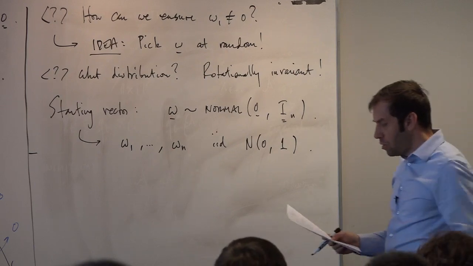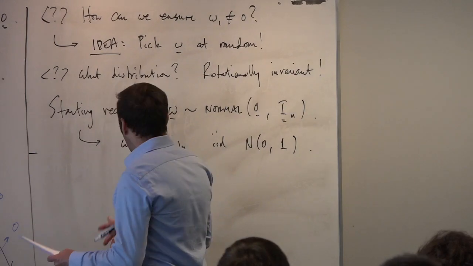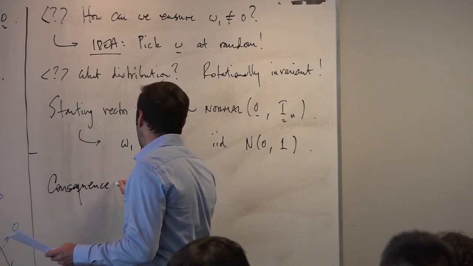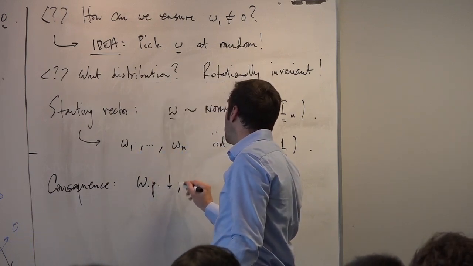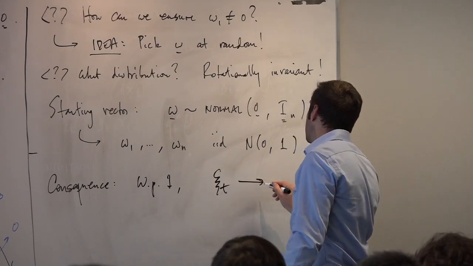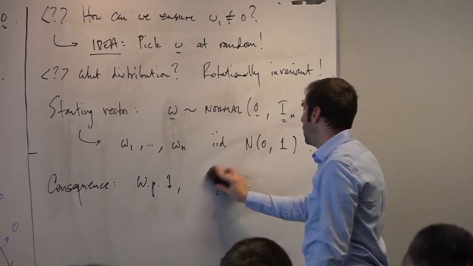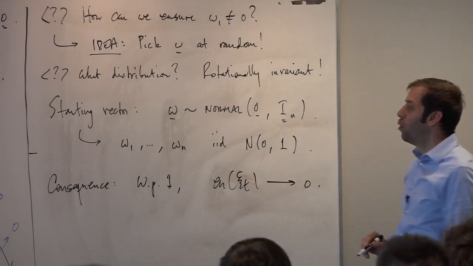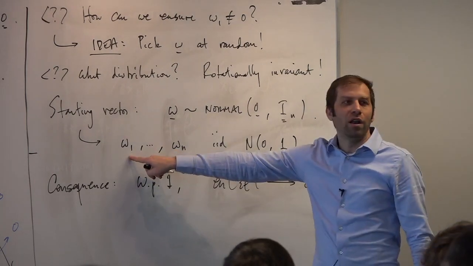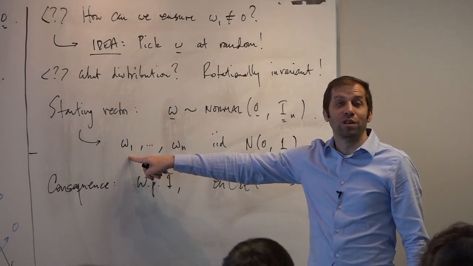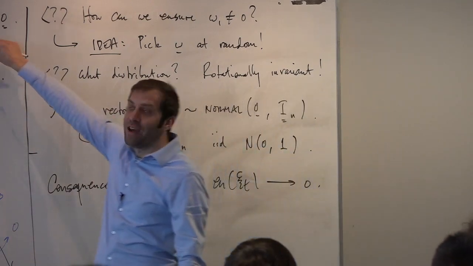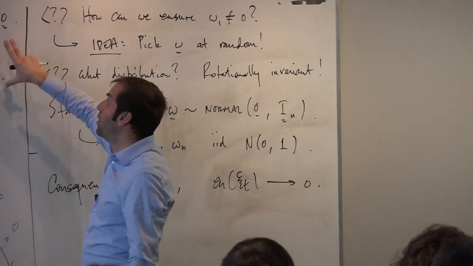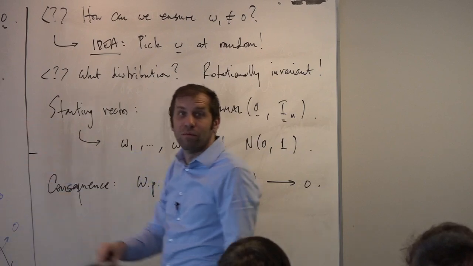Now, as an immediate consequence, we see that with probability 1, the error in the maximum eigenvalue converges to 0. Why is that true? It's because with probability 1, this standard normal variable is not 0. So we can activate this proposition. Okay? So with probability 1, omega 1 is not 0, and therefore the power method converges with this choice of a random start.